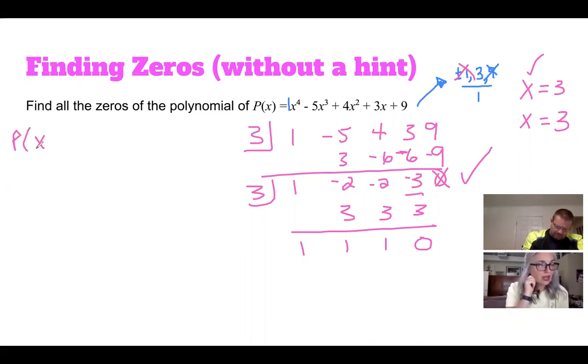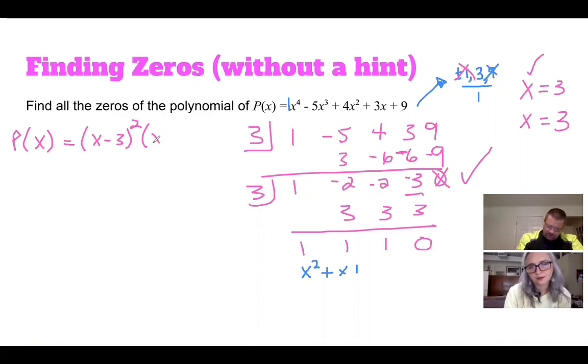So what we're going to do now is take this polynomial. Are we going to put it in factored form, or go straight to x squared plus x plus 1? Well, I'm going to write it as x minus 3 squared, because I already know that 3 and 3 is an answer. My other polynomial is going to be x squared plus x plus 1.